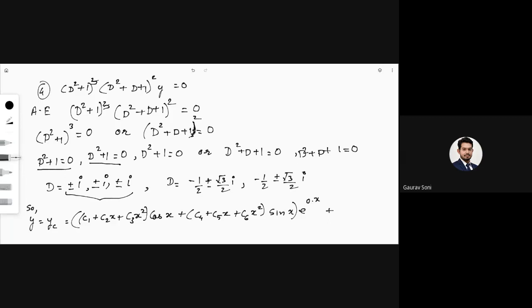Plus, now for minus 1 by 2 plus minus root 3 by 2 i, it is repeated 2 times, so the constants will be 2 each. So 6 is covered.